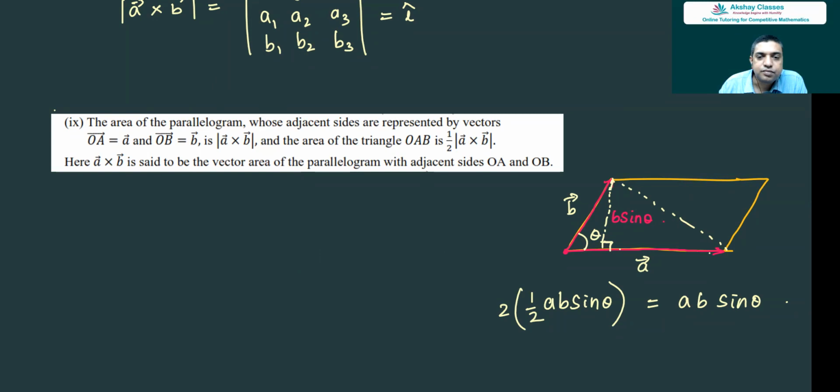So the area of the parallelogram whose sides are along the vectors A and B is the modulus of A cross B. And the area of the triangle is half the modulus of A cross B. So A cross B without the modulus, we say it is the vector area of the parallelogram.